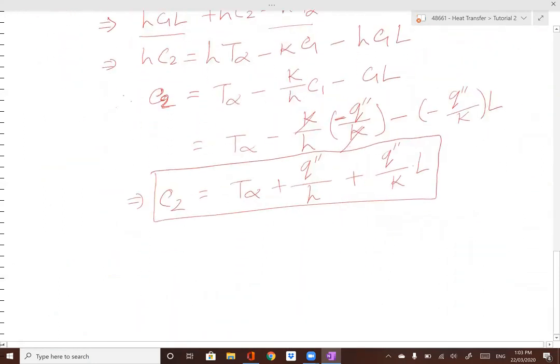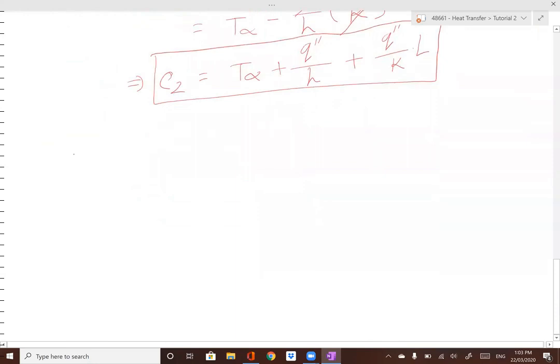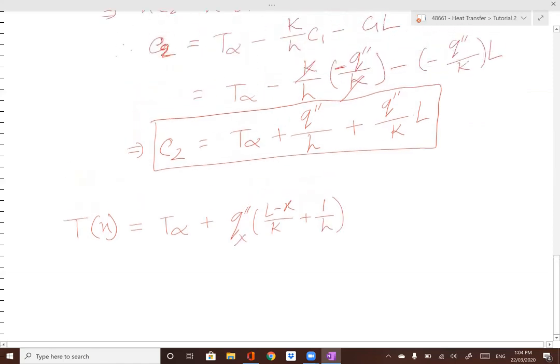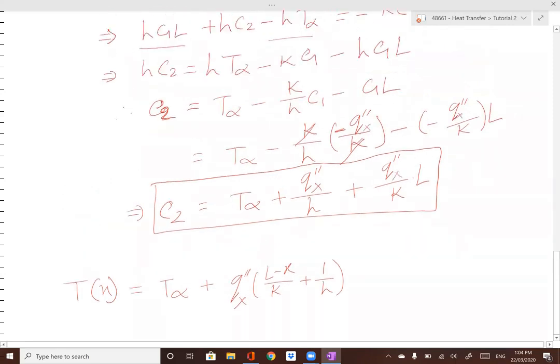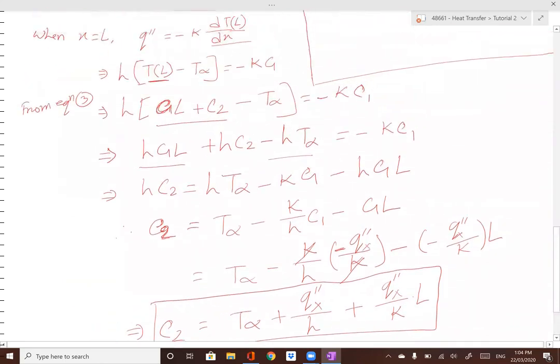If we write it down again at the bottom: the temperature distribution or variation at any point from inner surface to outer surface will be T alpha plus Q prime x times (L minus x) over K. Here you can write Qx because heat will transfer through only one axis, the x-axis, so this is a one-dimensional problem.